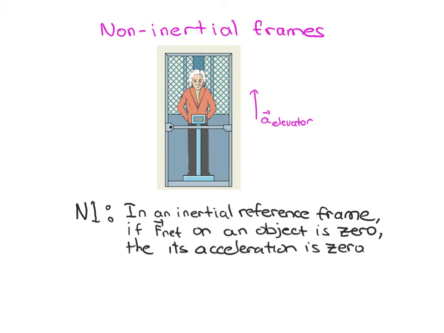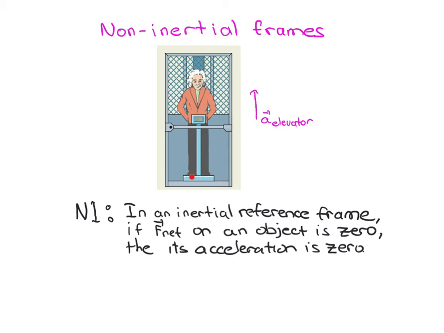So let's imagine a situation in which Al and his elevator are nowhere near any gravitational source. They're in deep space. There's no gravity where he's standing, and the elevator is accelerating. So Al will experience a net force.